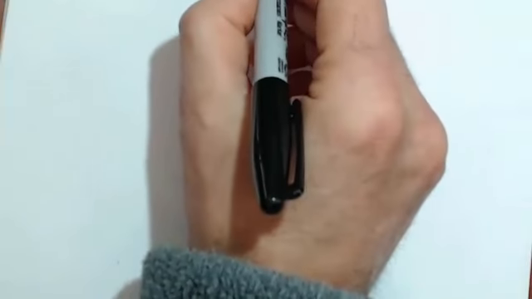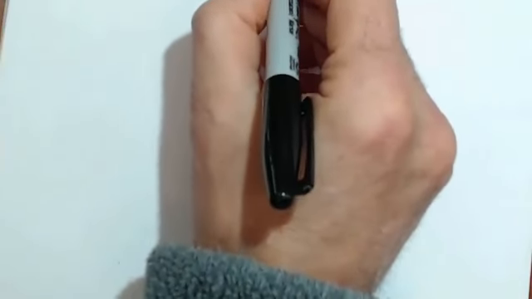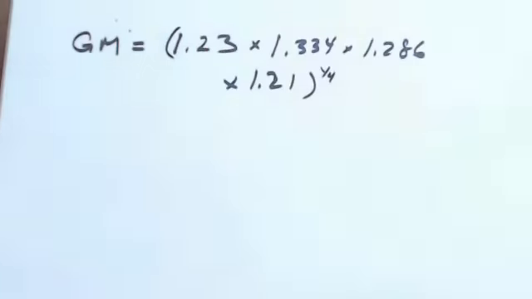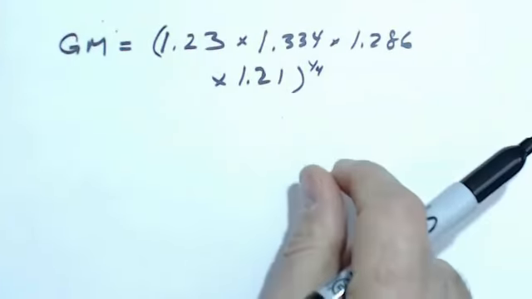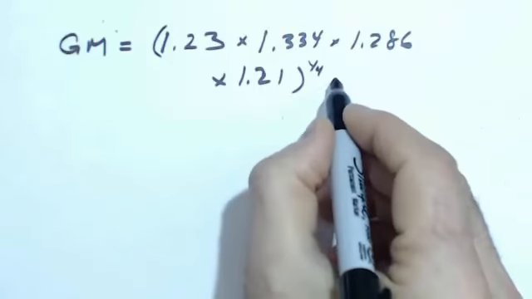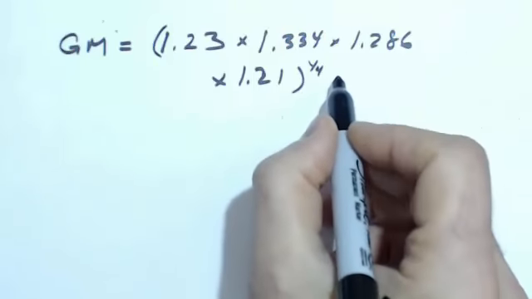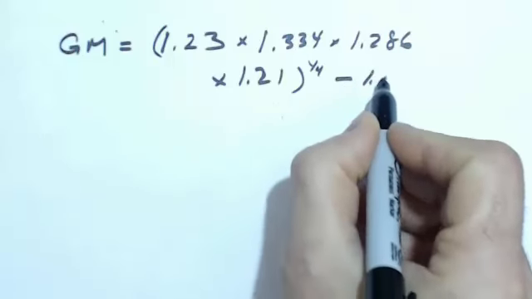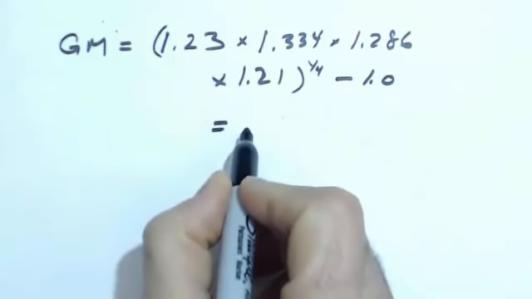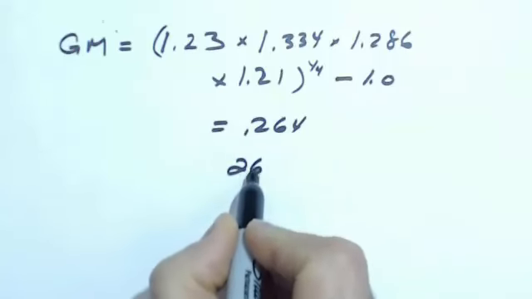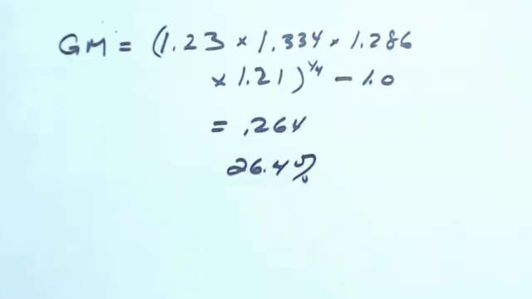Multiply that out and continue. Multiply those holding period returns, take it to the 1 over 4th power, it's basically dividing, and subtract out the 1, and we'll get 0.264, or 26.4% as the geometric mean.